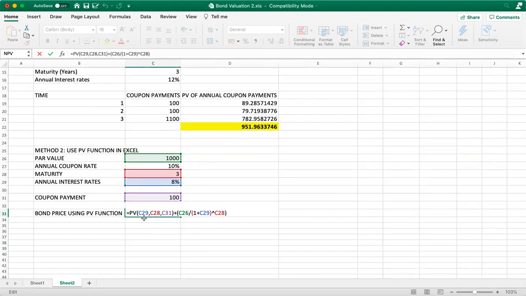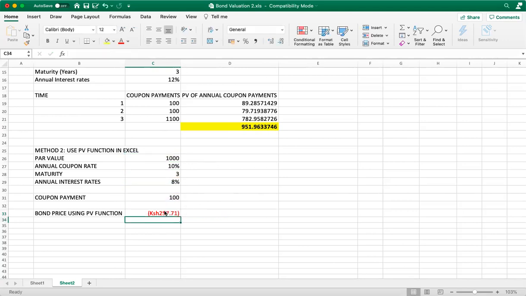C29 is our interest rate. C28 is wrong because it is the rate. That's the first thing. Then, okay, correct. That's the number of periods, 3 years. And then the coupon, which is 31. Again, let me recheck that. So that is correct. Yeah, that is correct.